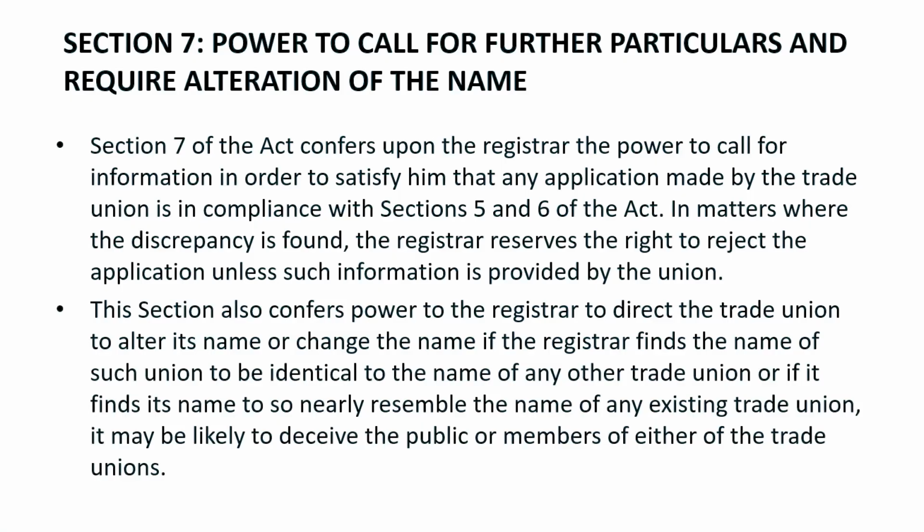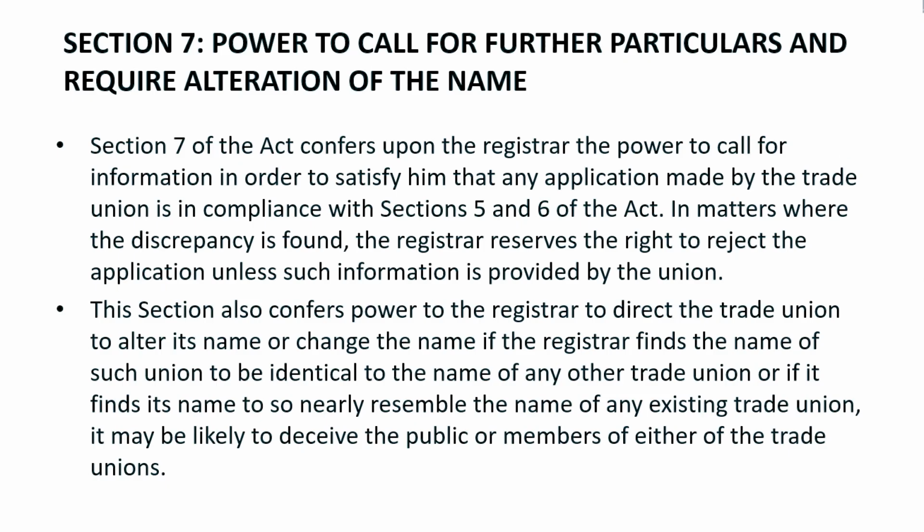And this section also confers the power on the registrar to direct the trade union to alter its name. If the registrar finds the name of the union to be identical to the name of any other trade union, or finds the name too nearly resembles the name of any existing trade union, or it is likely to deceive the public or the members of either trade union.